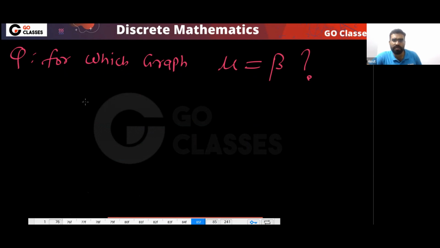Give one graph for which mu is equal to beta. Can anyone give me some graph where mu is equal to beta?